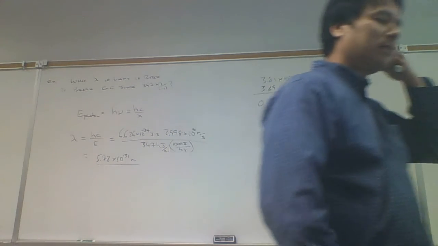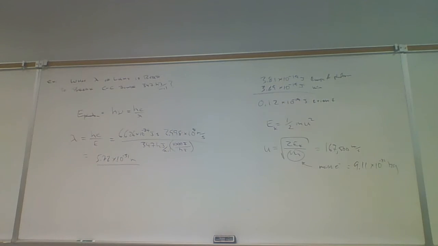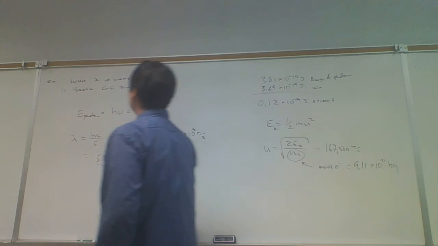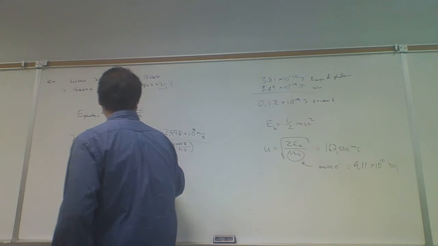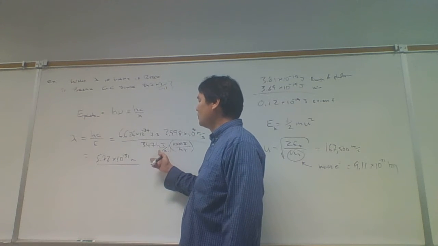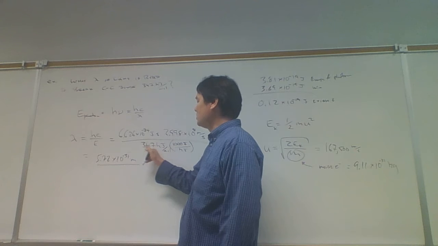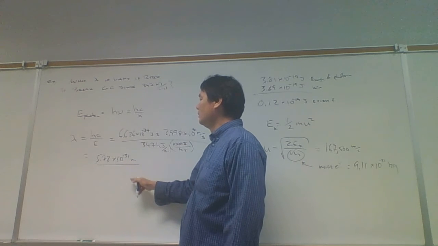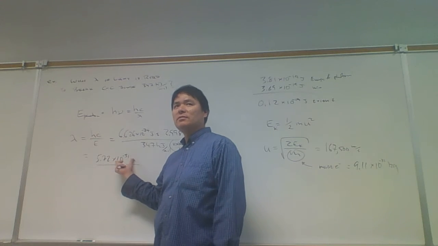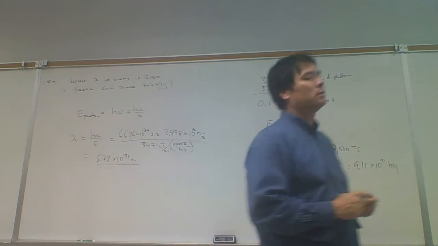So that's the wavelength we need. This would be what we call the maximum wavelength, because this is the minimum energy. The minimum energy required is 347. Since wavelength and energy are inversely proportional, the minimum energy gives us the maximum wavelength. Any wavelength greater than this would be too weak, so we need a wavelength of this or smaller. So that's the max.